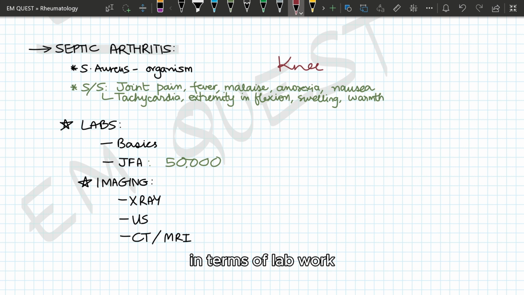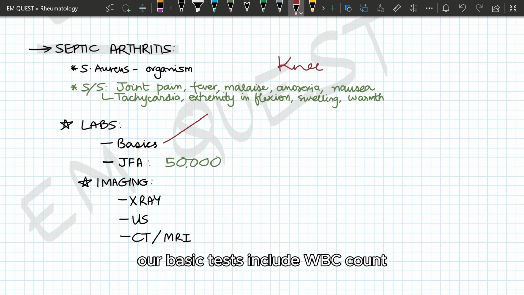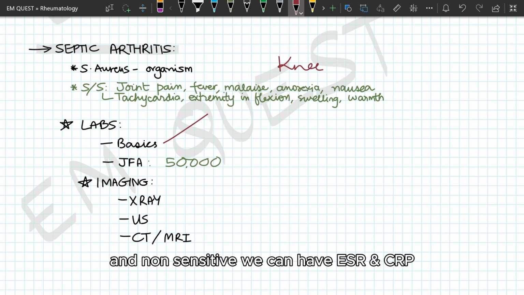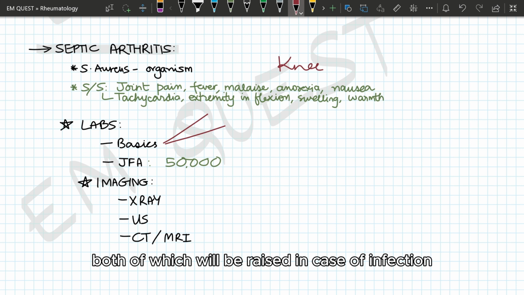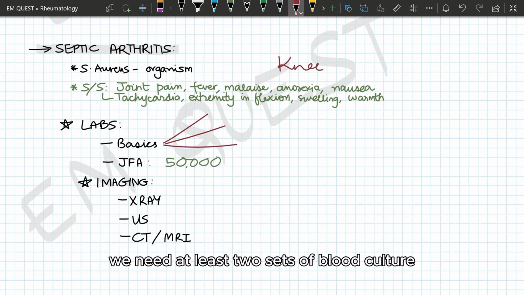In terms of lab work, our basic tests include WBC count, which we can see elevated, but remember that this is non-specific and non-sensitive. We can have ESR and CRP, both of which will be raised in case of infection. For septic arthritis, we need at least 2 sets of blood culture.